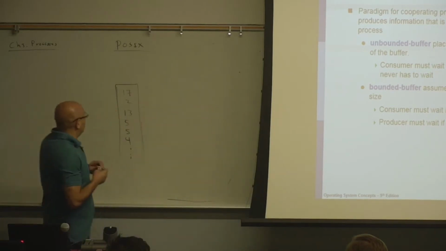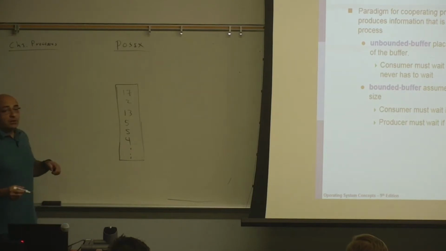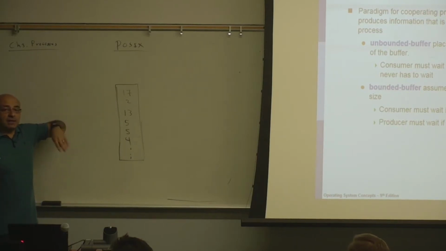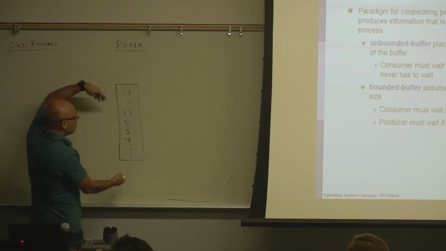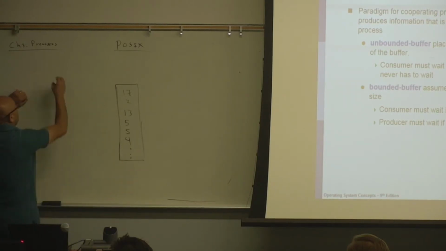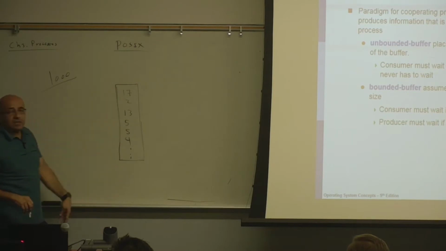Yeah, so the point here is that when the consumer reads an item, we no longer need this space. We can reuse it to put more items. So the idea is reusing a bounded buffer. If we are going to generate 1,000 items, we don't need a buffer that can fit 1,000 items.